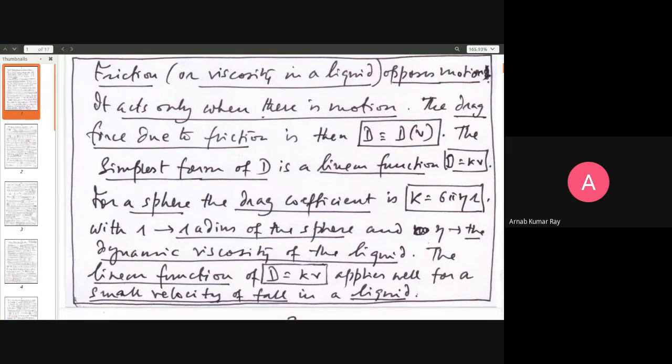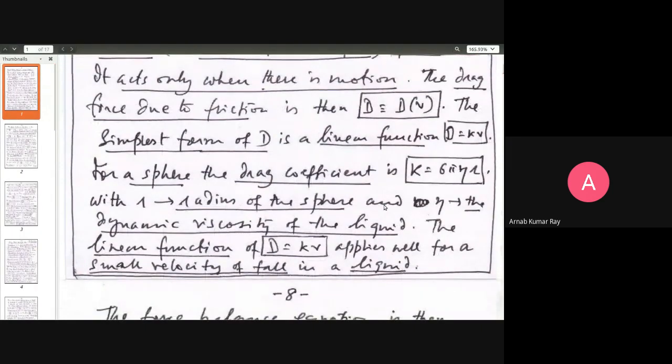Those were the points we considered in the last class. There is another slightly extended point. We have a linear function, so the viscous drag D is a force proportional to the velocity.